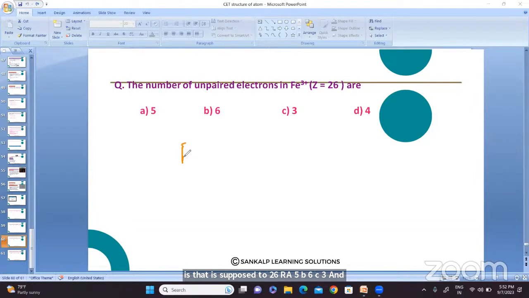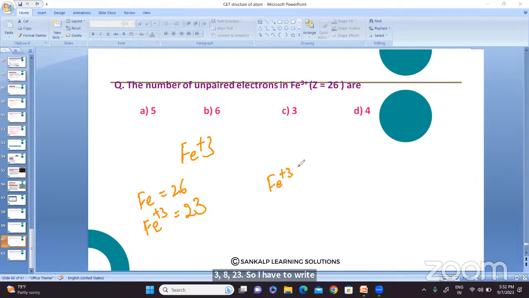So again, what is Fe3+ they have asked? Fe is 26, so Fe3+ will be 23. So I have to write it for 23. So Fe3+ will be argon 3d5.